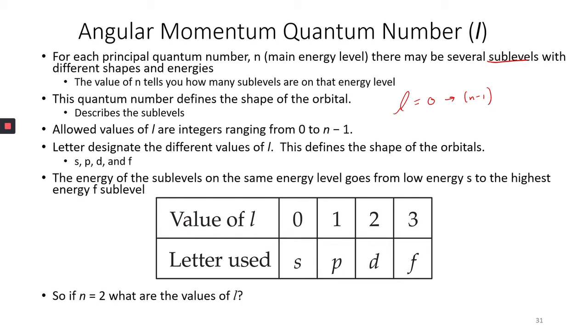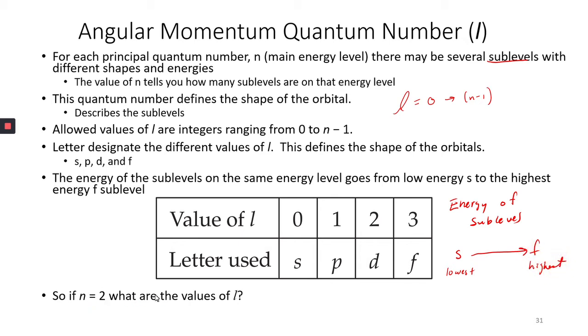So you know what sublevel you're in, the S to P to D to F, and you use these numbers right here to represent your L value. And if I needed to rank the energies of my sublevels, you start at S, which is the lowest, and you go up to F, which is the highest.